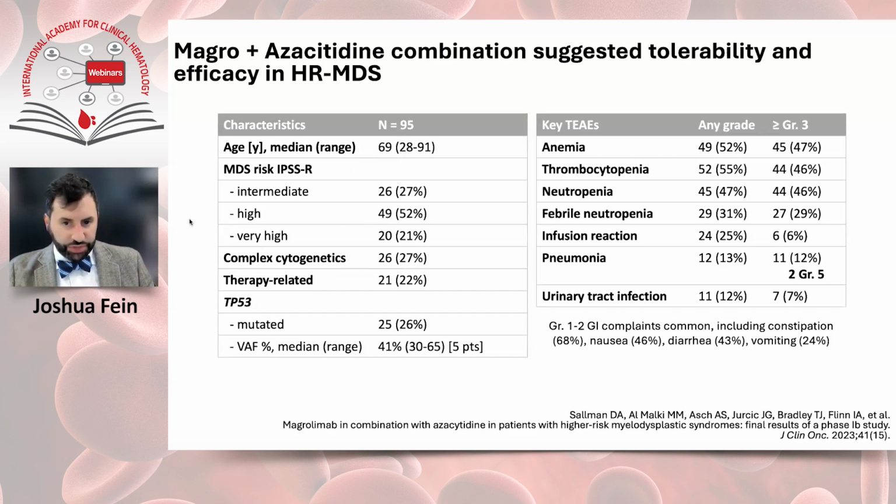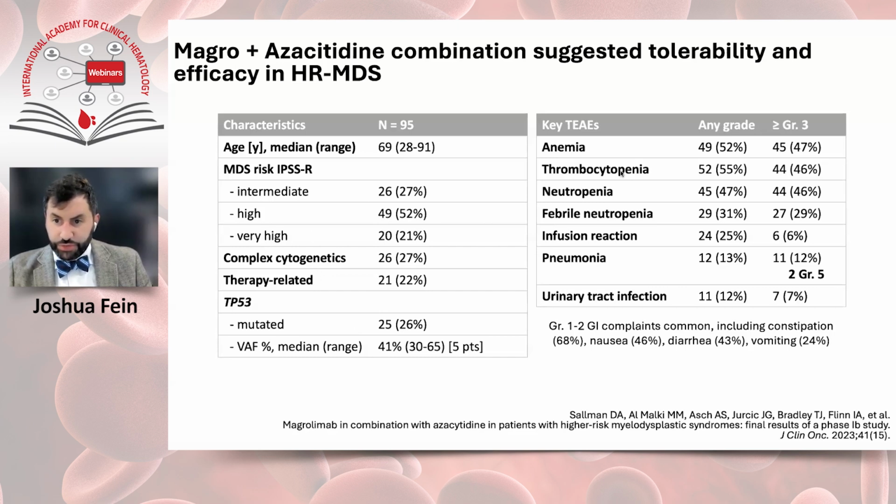And most of the patients had either high or very high risk by IPSS-R, 27% with complex cytogenetics, 22% therapy-related disease, 25-26% TP53 mutated. So again, this is a very adverse characteristic population.